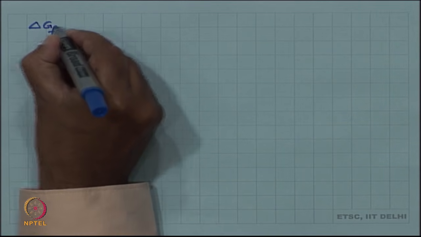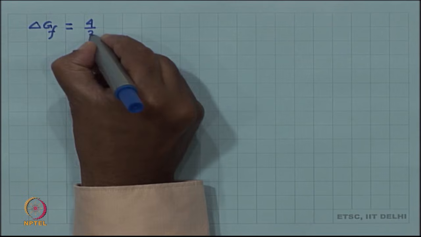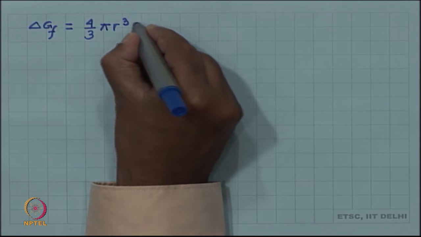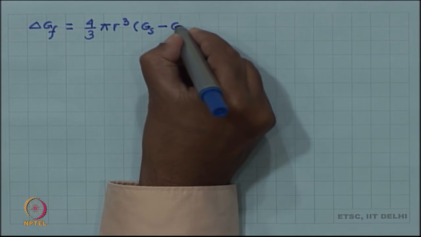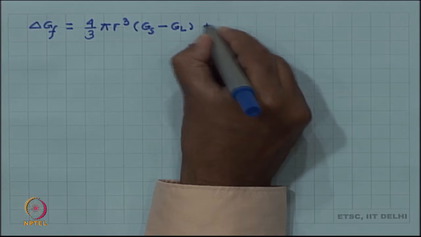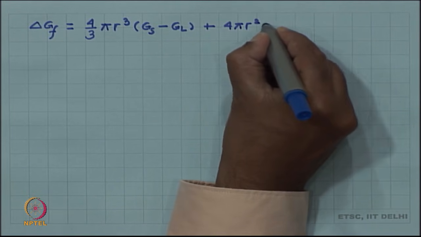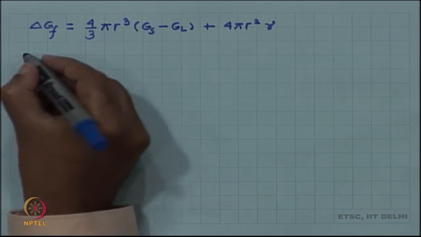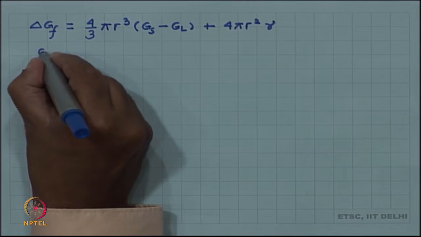So, remember delta GF we wrote as the sum of two terms, the volume term and a surface term. And to apply the condition for maximum, we differentiate this.